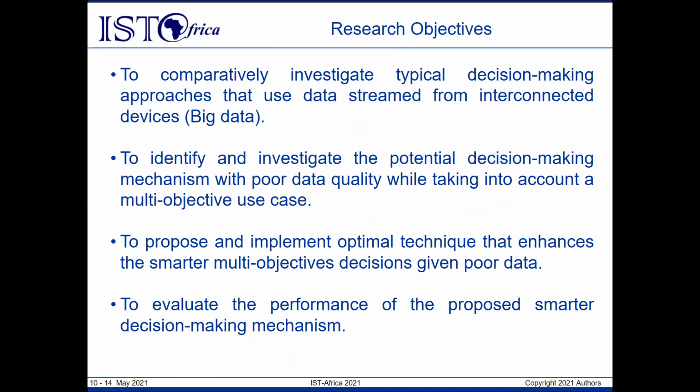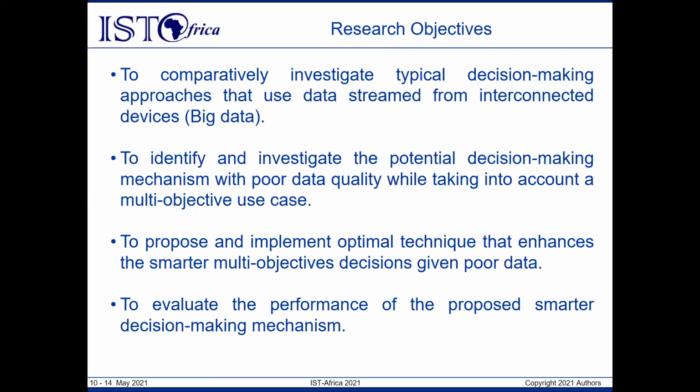Now, in terms of research, these are the steps that need to be followed for us to achieve this huge project. Number one, investigate the current existing decision-making approaches that use stream data or real-time IoT-enabled data. Among those existing approaches, we identify the potential ones that can yield effective results.